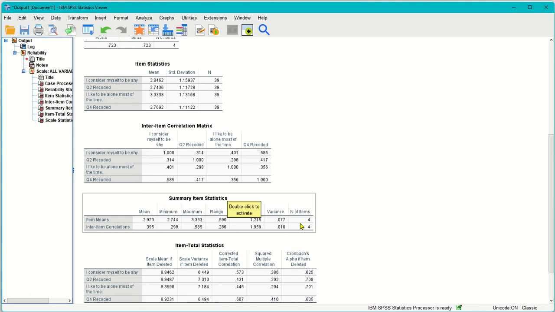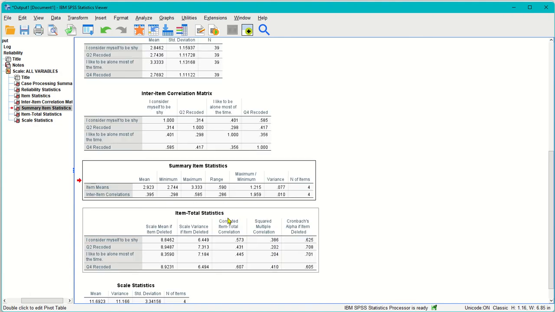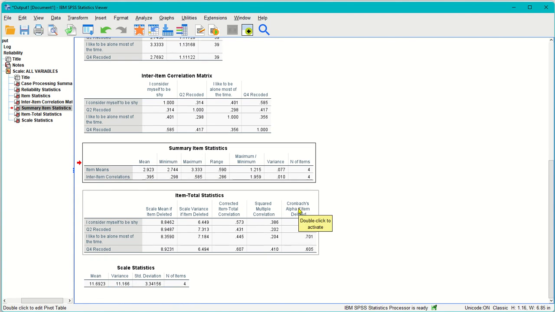So, all right, the next box. Here you can see the summary for the items: the means, the minimum and maximum answered, the range, etc. And then we have the item total statistics.